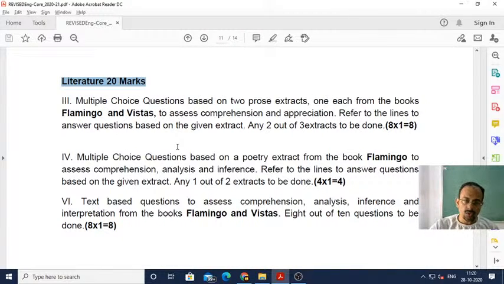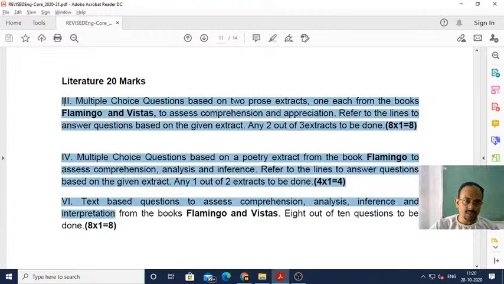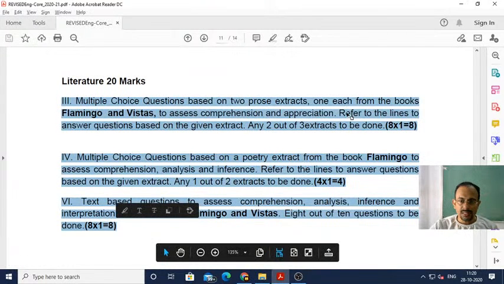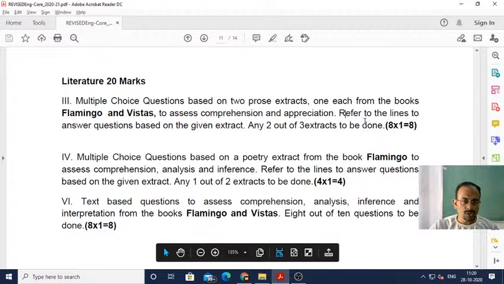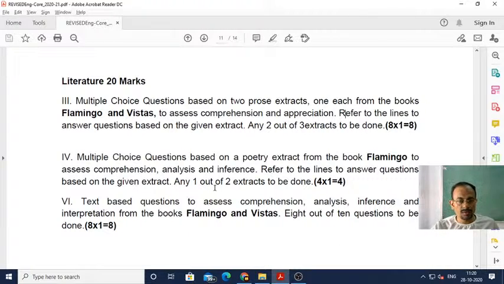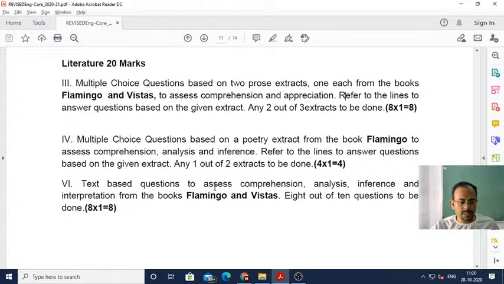All objective type questions are given here: 12 marks of multiple choice and objective type questions of 8 marks, that is 20 marks. So what about 2 mark and 3 mark questions? Are they all gone? Anyway, we'll also see the sample question paper.